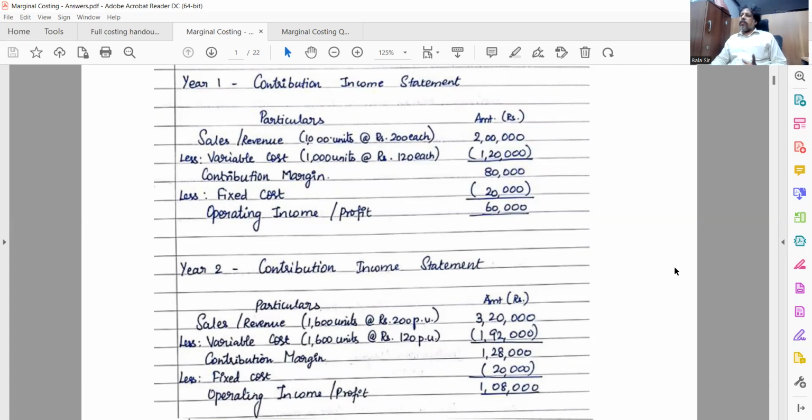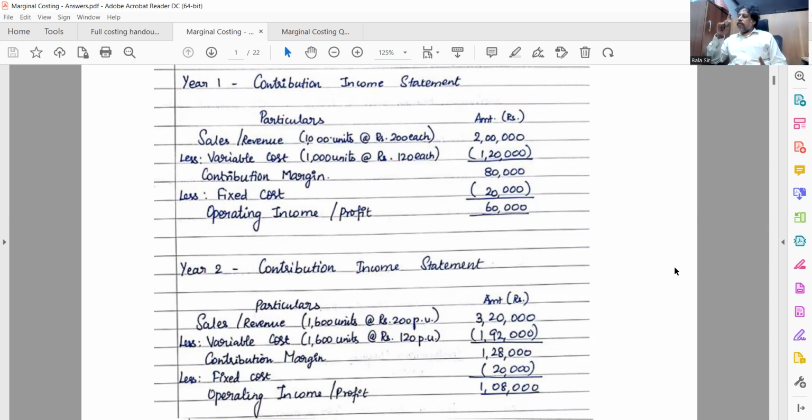And minus, it is the fixed cost, all your fixed expenses. It doesn't matter whether fixed factory, office, or selling. So fixed cost is assumed to be 20,000 rupees. And what is your operating income? Your profit is 60,000.